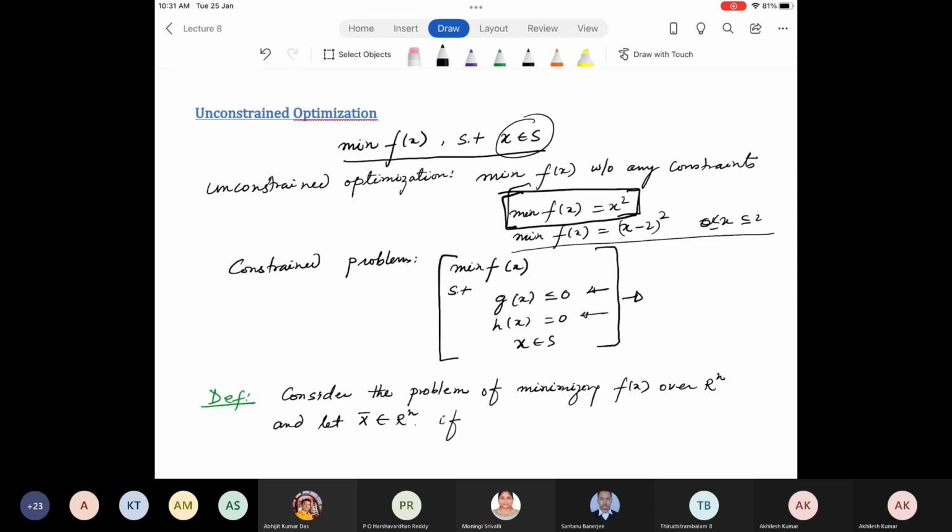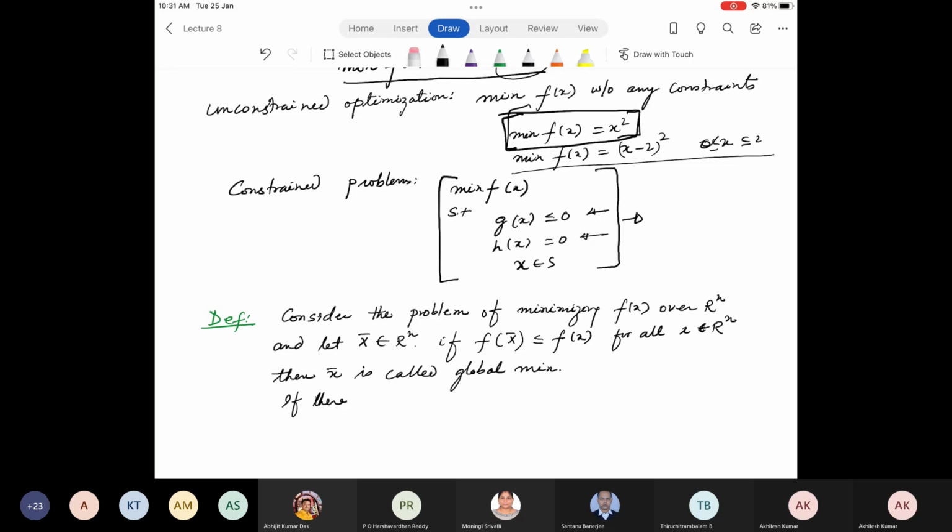The same thing which we have studied in the general case when we started minimizing a convex function: if f(x bar) is less than or equal to f(x) for all x in the set R^n, then x bar is called a global optimal solution or global minimum, assuming that we are minimizing f(x).